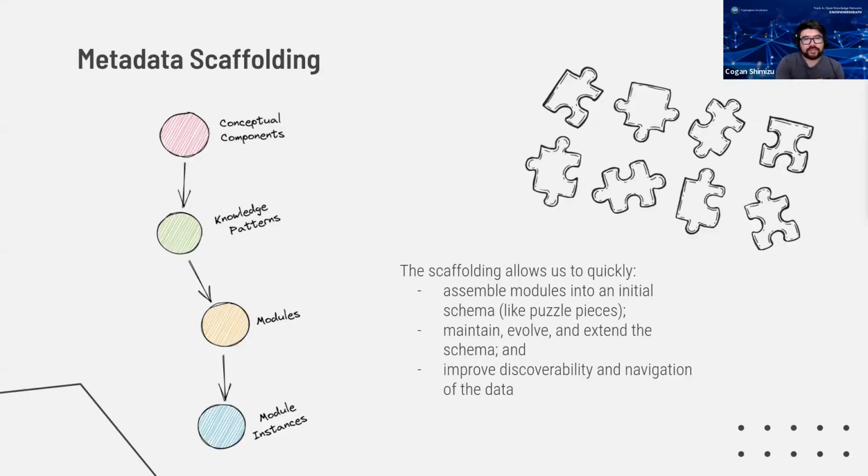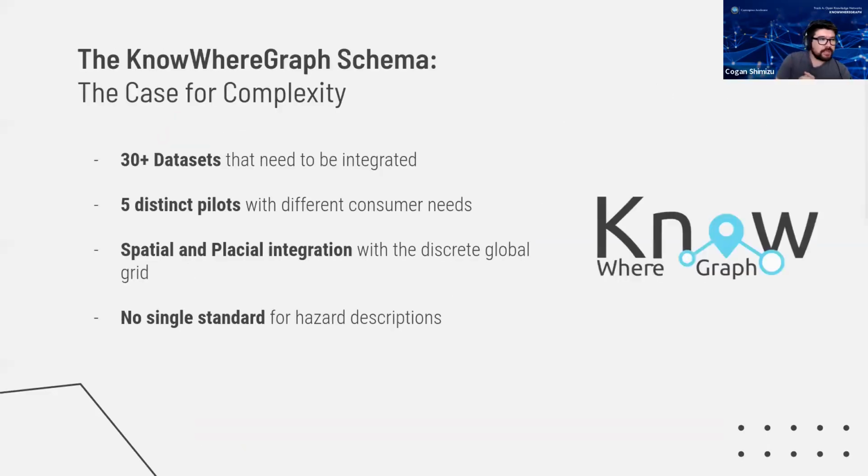That's why this little piece of clip art is there. So the modules are puzzle pieces, and this is really helpful because if we need to change how a data set is provided to us, and we need to reflect this within the data, we can just re-instantiate the model from the original pattern and then replace it in the existing schema with a new puzzle piece, right? So that's modular ontology modeling in a nutshell.